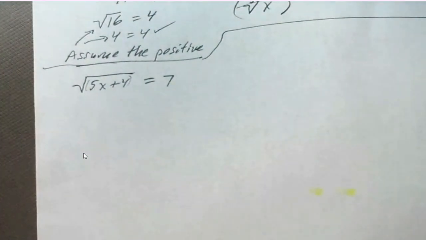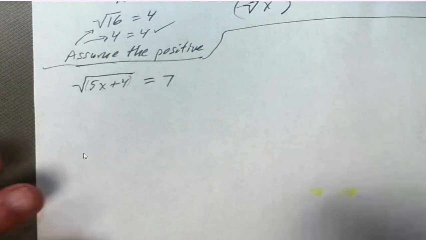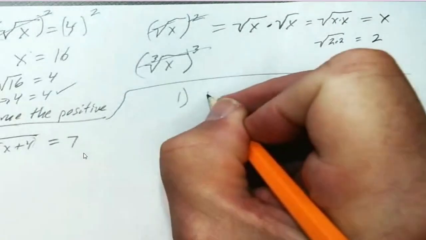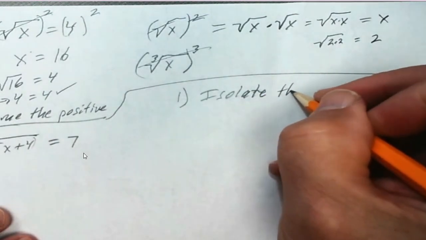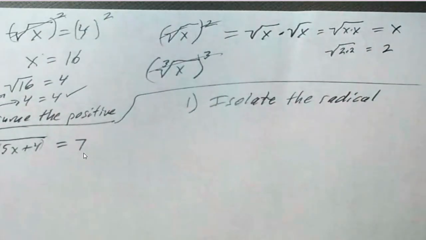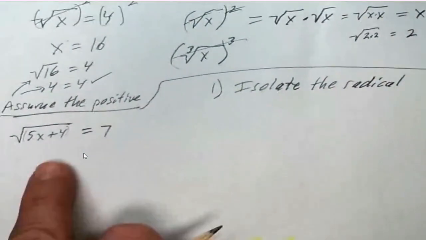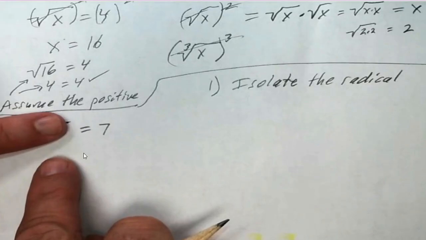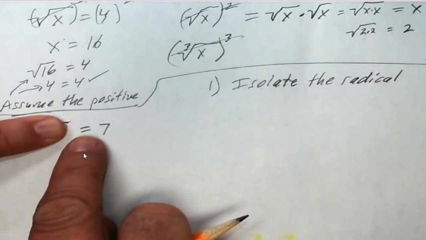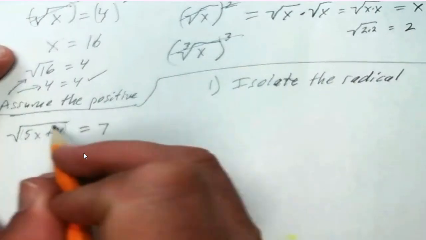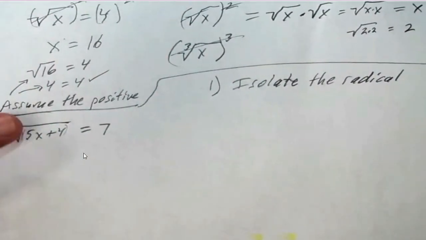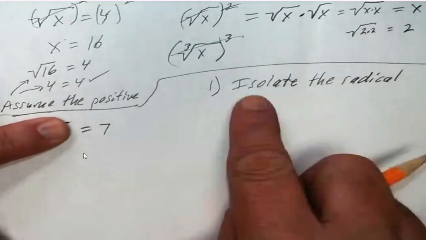So there are steps to solve radical equations. And the first step is to isolate the radical. Well, if we look at this, if I cover up the radical, it's already isolated. There's nothing else on that side of the equal sign. It's just the radical. So it's already isolated.